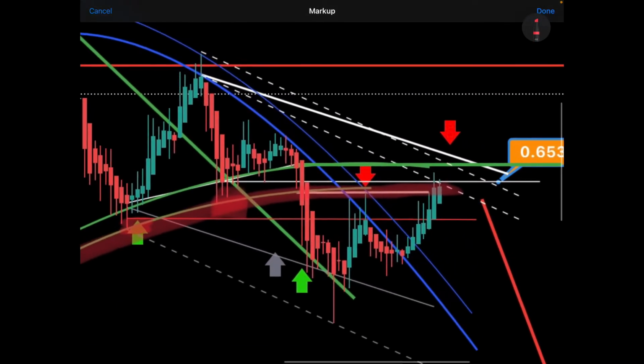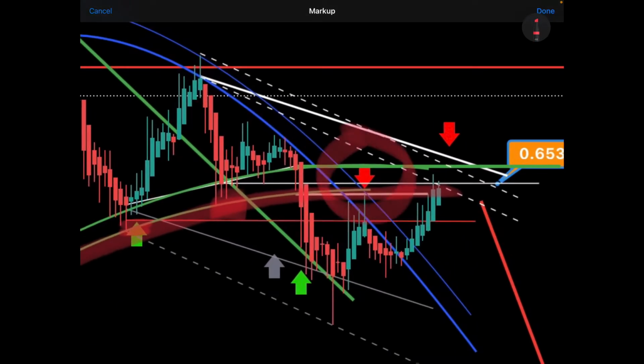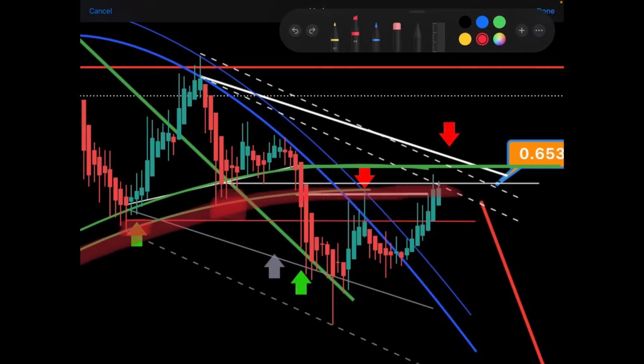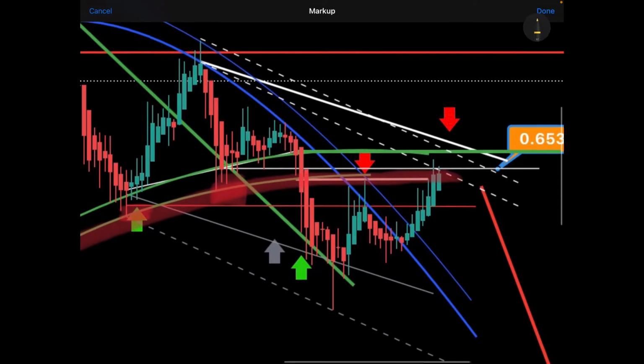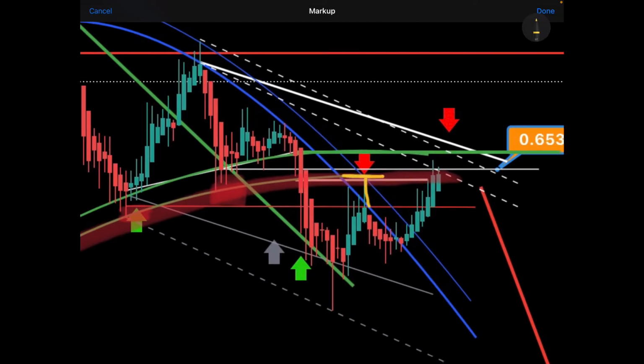So you can see that price reacted here. Price tried to come up to that line, stopped, came down a little bit, then came back up, tried to touch this line, and got stopped out.